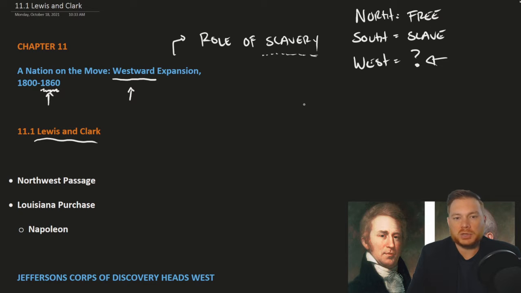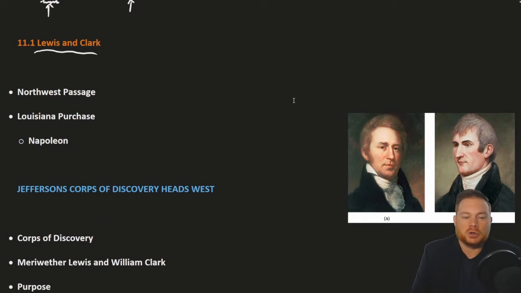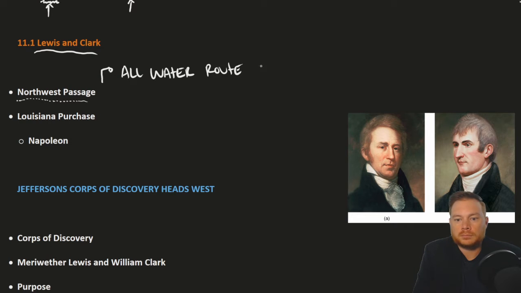Now, in terms of westward expansion, westward exploration, for a very, very long time, Europeans, all sorts of different countries, had hoped to find a Northwest Passage in North America. This is essentially what Christopher Columbus was looking for all the way back in 1492. A Northwest Passage is an all water route to Asia.